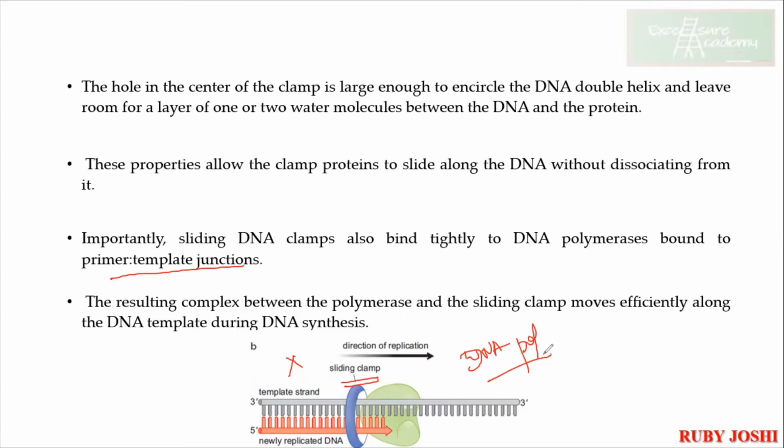Every time you have a primer template junction, the sliding clamp will be present. The sliding clamp recognizes the primer template junction. It is only possible for the DNA polymerase to sit on the DNA helix and synthesize whenever the sliding clamp is present. Only when the sliding clamp and everything is present can the DNA polymerase sit, and it becomes easy for it to move along the DNA template to carry out replication.